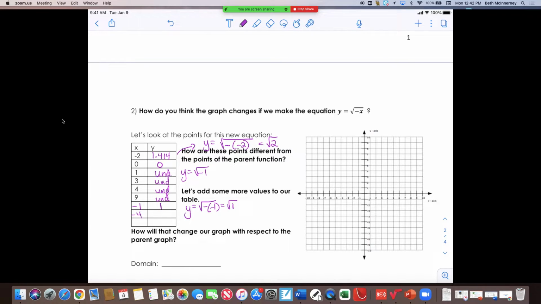Let's do negative 4 because that's the square root of negative 4. So that's 2. And then let's do negative 9, and that's 3. So I can plot 0, 0, negative 1, 1, negative 4, 2, and negative 9, 3.